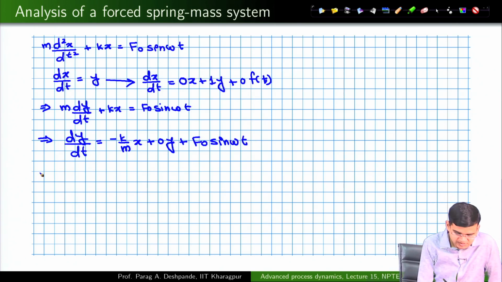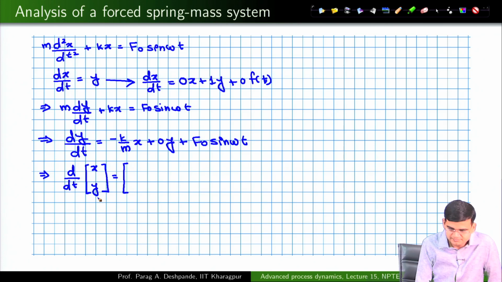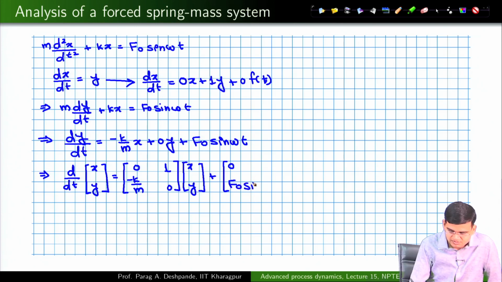So, from here I can write d/dt of (x, y) is equal to the matrix [0, 1; −k/m, 0] times (x, y) plus (0, f0 sin ωt).